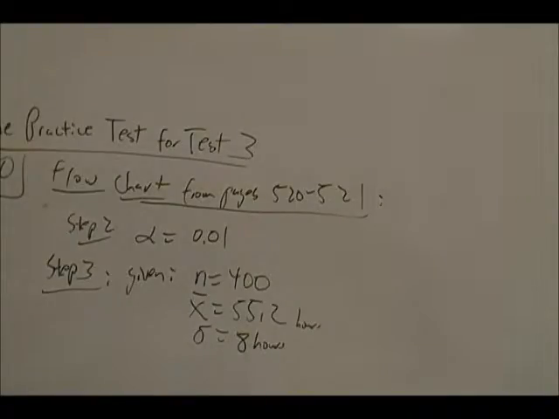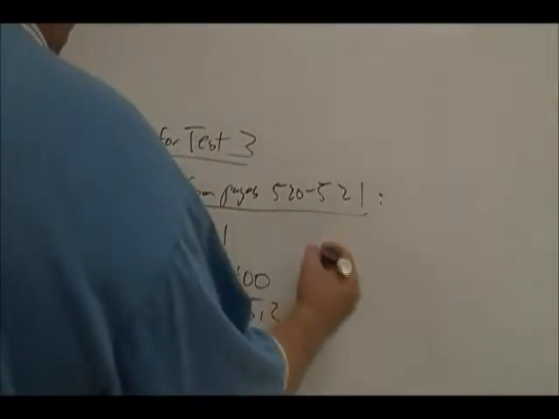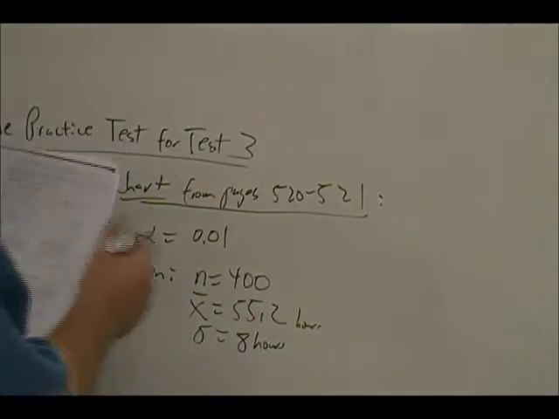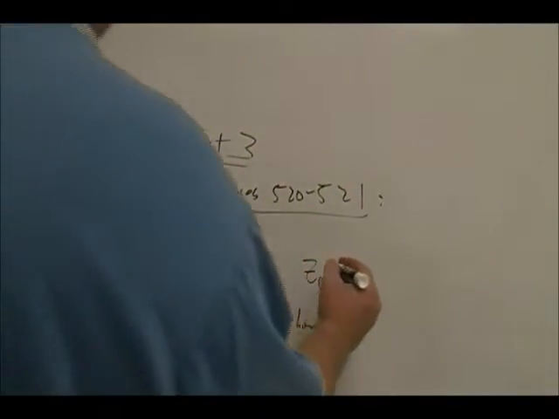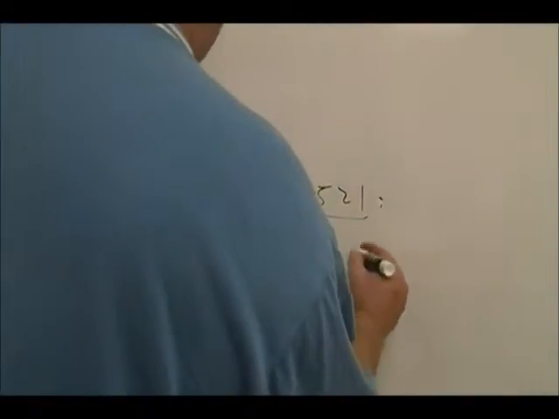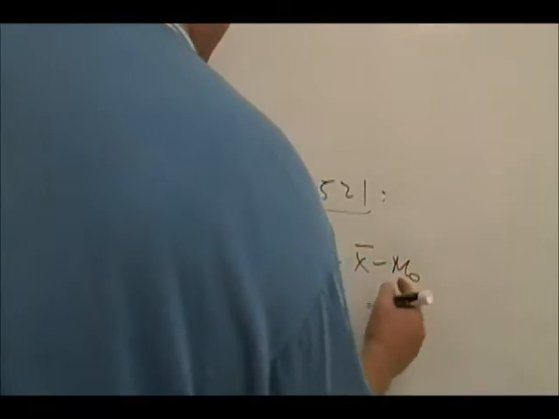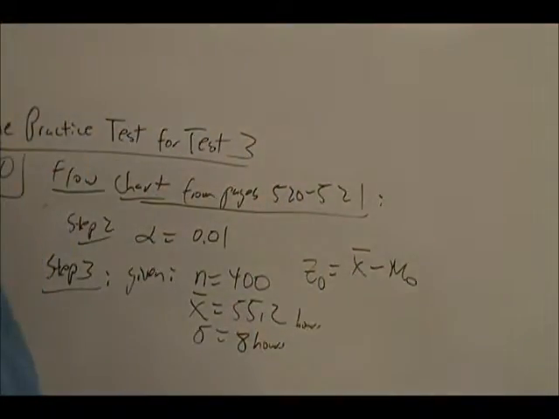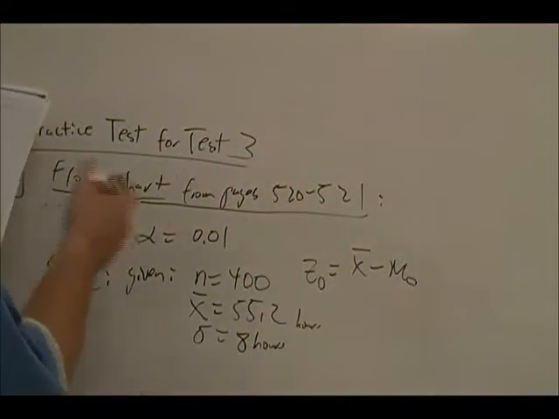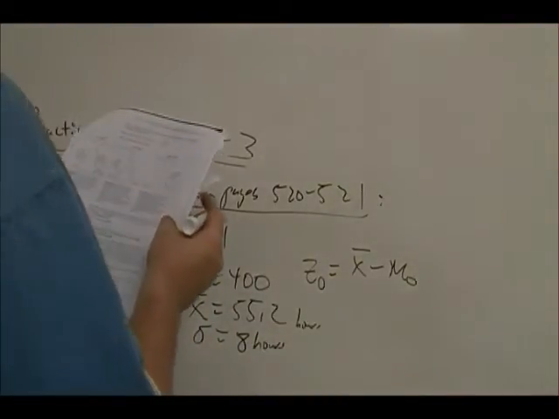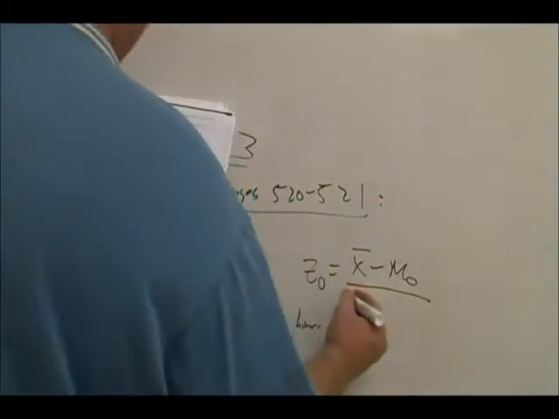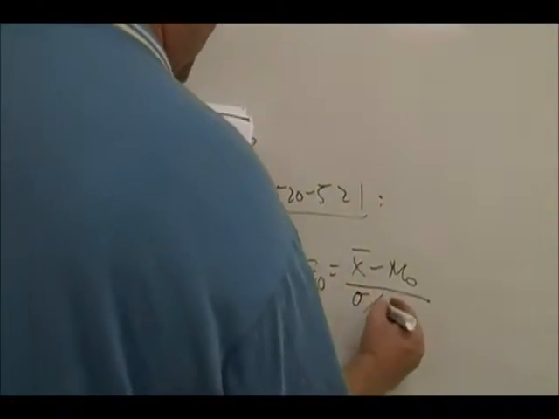The test statistic given in step 3 on page 520 or 521 is given to be Z0, it's a Z-score again, but now we write it as X bar minus mu naught, being what? 54 hours, that came from the claim. And that's all divided by sigma over the square root of n.